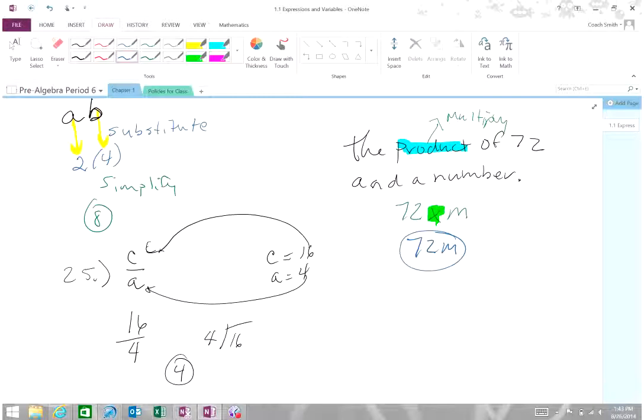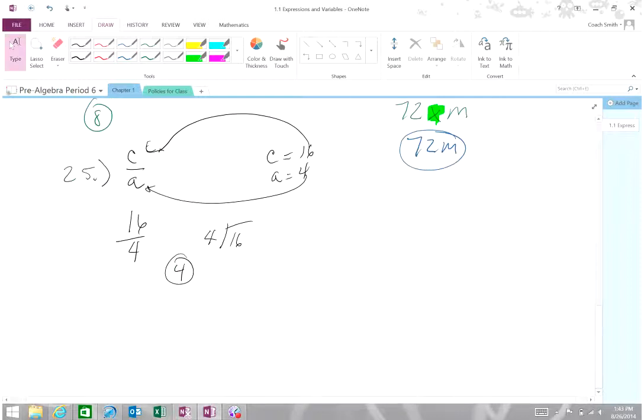All right, let's look down at 41 through 48. It's one of the reasons I had you do the decimal stuff in our little review yesterday and today. Let's look at number 42. Number 42 says B minus C, where B is equal to 15 and C is equal to 3.5.